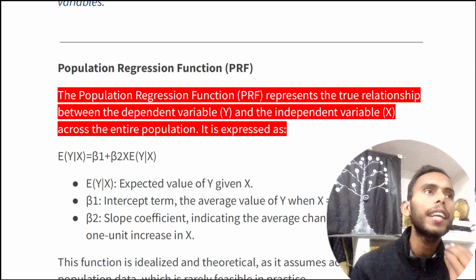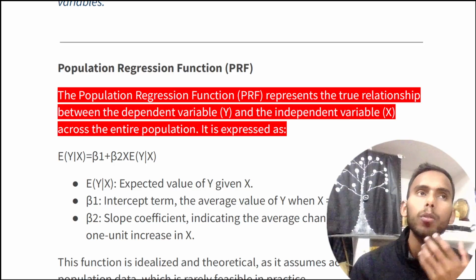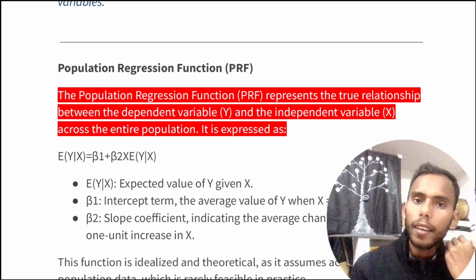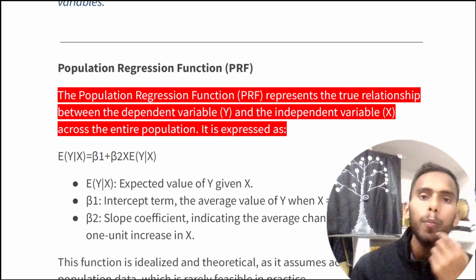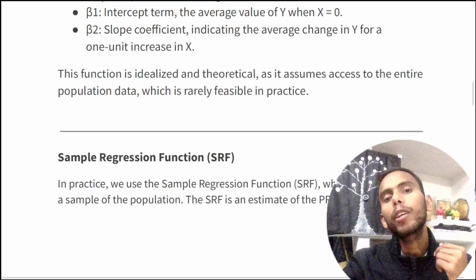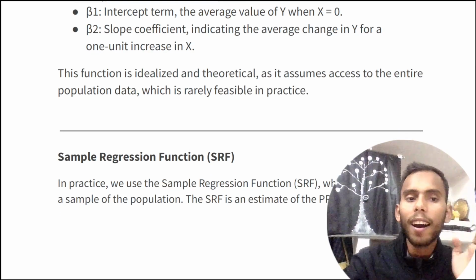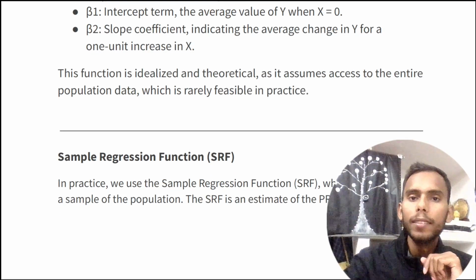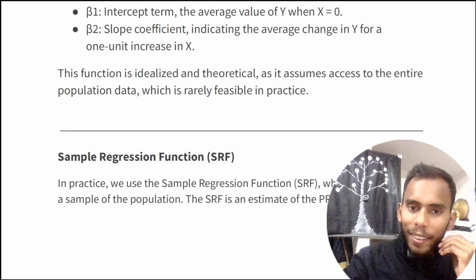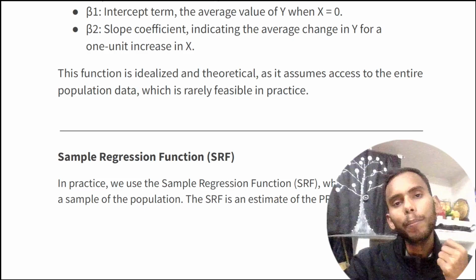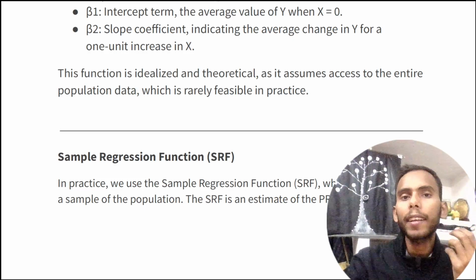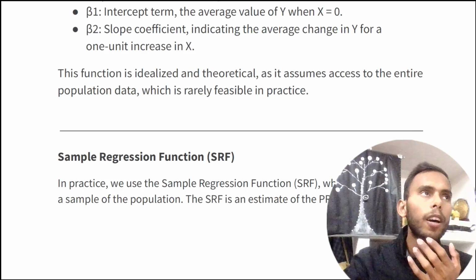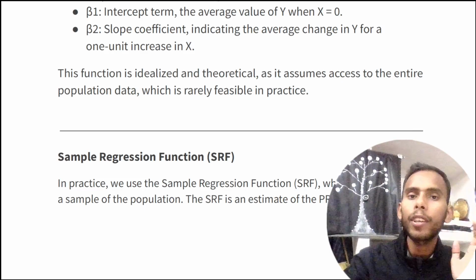But if we take a sample, and based on that sample we try to estimate and understand the properties of the entire population, then we say it's an SRF, the sample regression function. Based on the sample regression function we try to get better insight, and for that there is a requirement of lots of factors which we will discuss further.